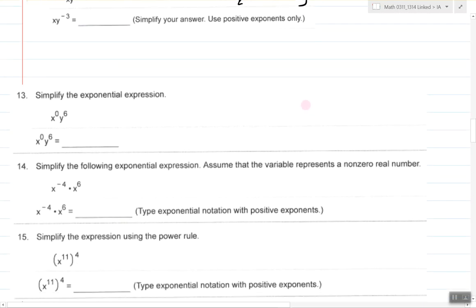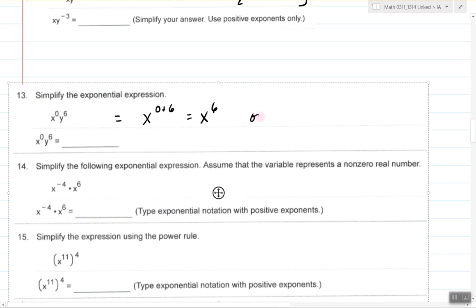Number 13, there are a couple of ways you could do it. If you use the product rule, this would be the base x to the 0 plus 6, which is x to the 6th. Or you could have identified immediately that x to the 0 times x, let me back up because I didn't read those letters correctly.